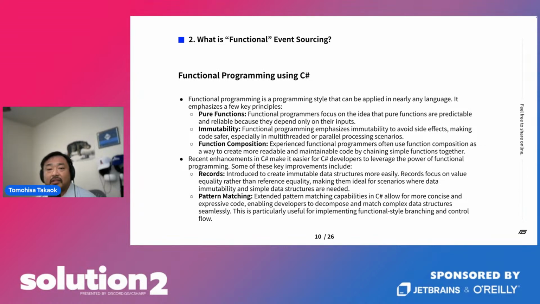Recent enhancements in C# make functional programming easier and easier. For example, you might be enjoying records. If you put in a primary constructor, you can only create from the constructor or with the with method.